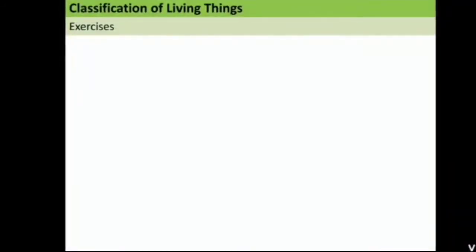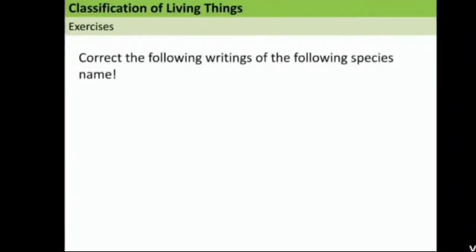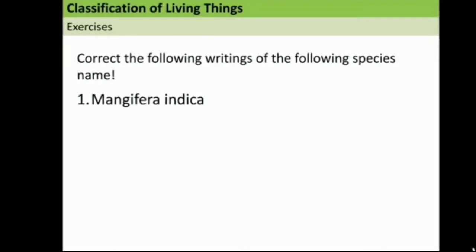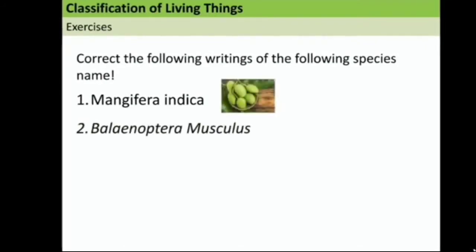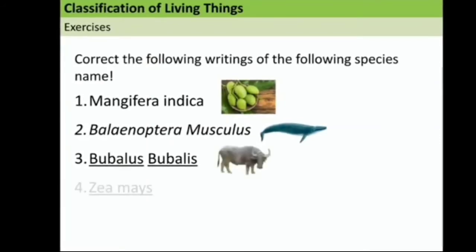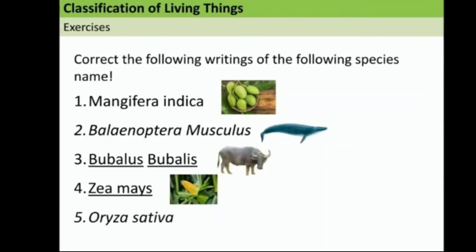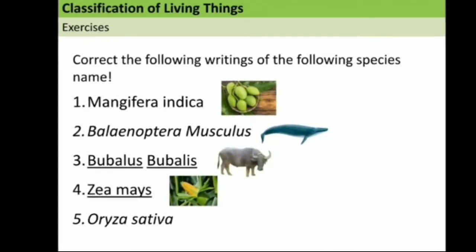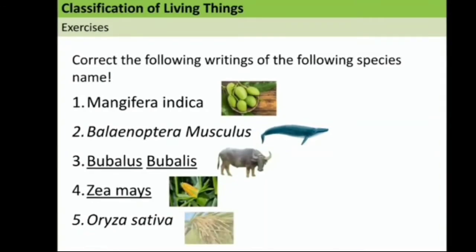Try to do these exercises. The first exercise is to correct the writing of the following species names. Number 1, Mangifera indica, Balaenoptera musculus, Bubalus bubalis, Zea mays, and Oryza sativa. Try to correct the writings of the names.